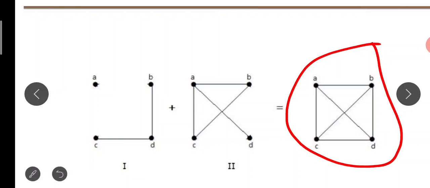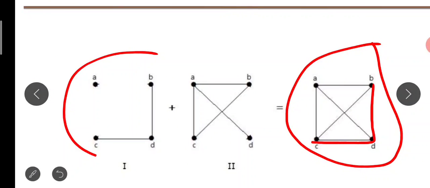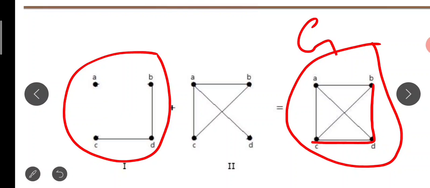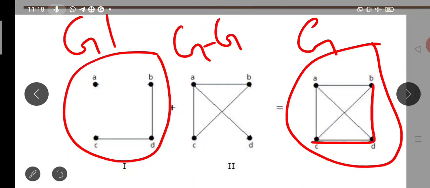If I remove B, D and CD from this graph, what is the complement of that graph? This is G, this is G1. I want to find the complement of a graph, that is G minus G1.